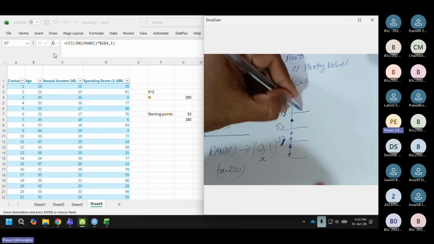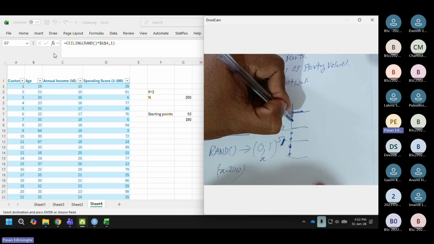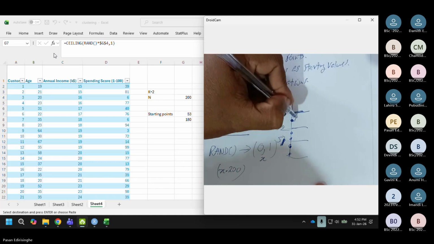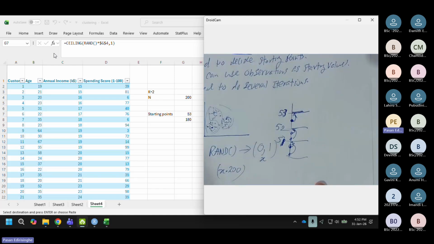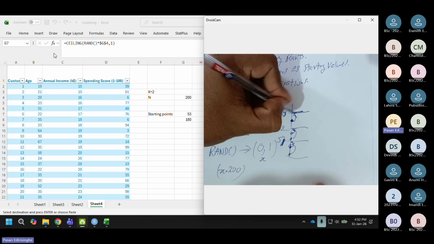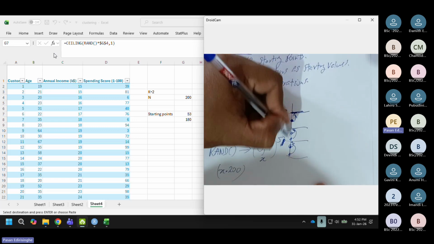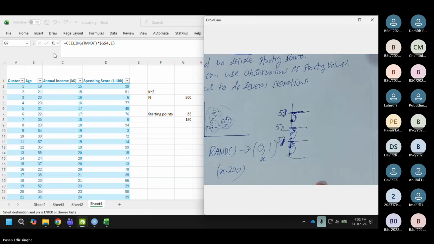That means the upper value. If you use floor, that is the lower number. So I'm taking that number and rounding up to the highest integer close to that number. Any number here will be rounded up to this one, anything over here rounded up to this point, and so on. So I'm rounding up to the closest integer value. That's the idea of using the CEILING command.